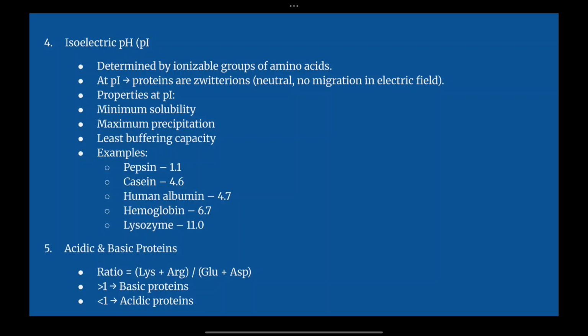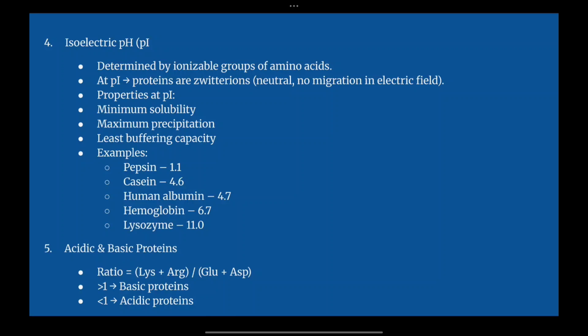Now a few examples for protein with certain isoelectric pH are: for pepsin it is 1.1, casein 4.6, human albumin is 4.7, hemoglobin is 6.7. So all these are acidic, and the lysozyme is 11, which is alkaline. Now how do you determine an acidic or a basic protein? By determining the ratio.